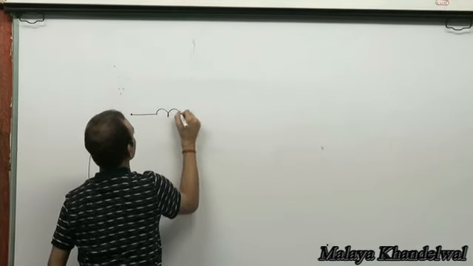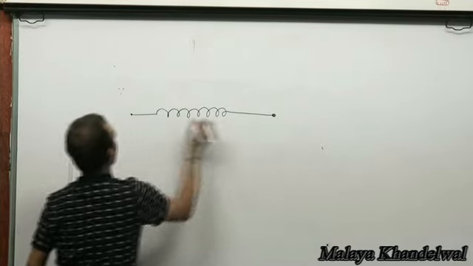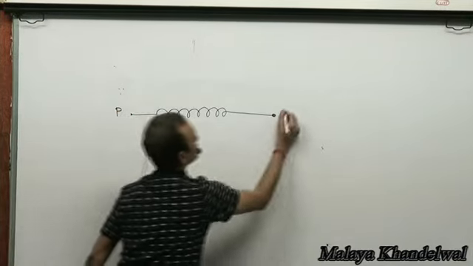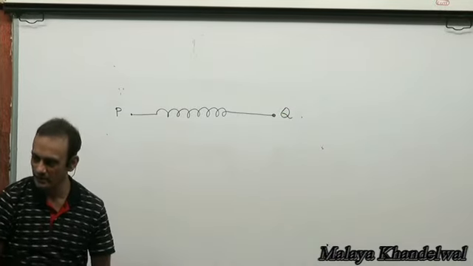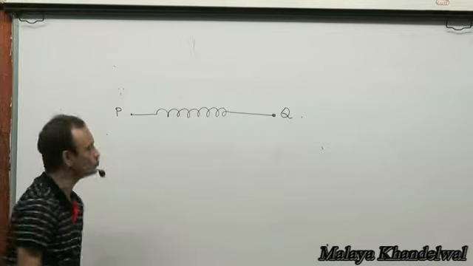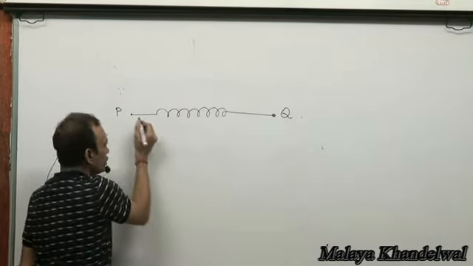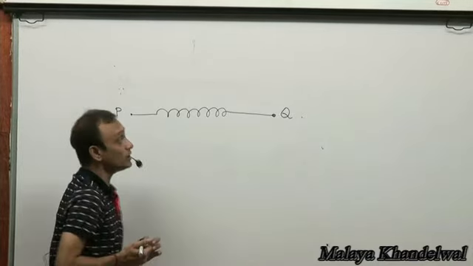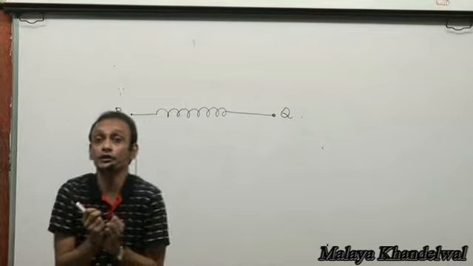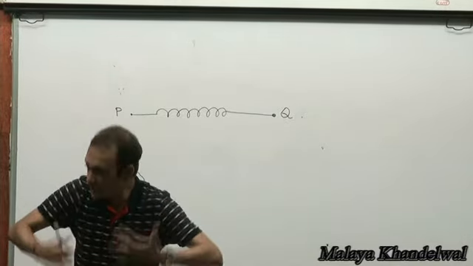Realize that if this is an inductor element connected between 2 points P and Q, then in order to build a current in it, see, if there was no current in it, an initiation of current would be opposed.